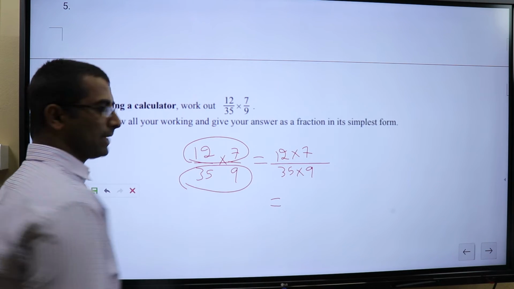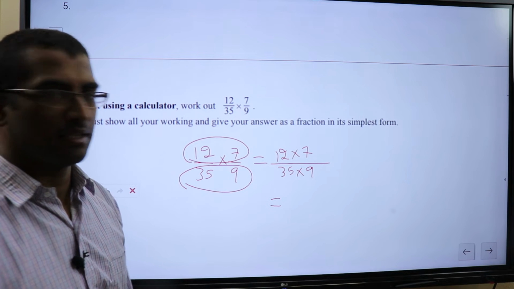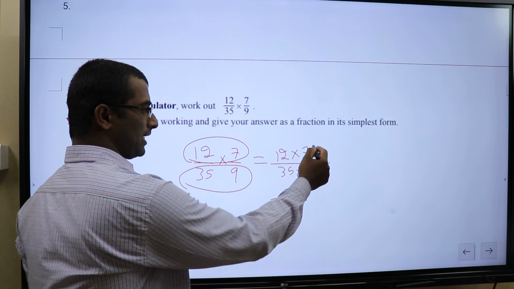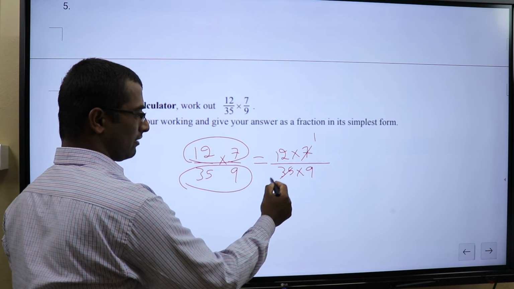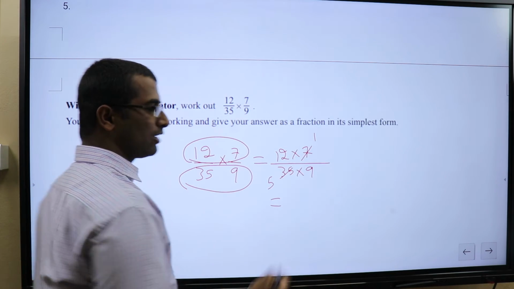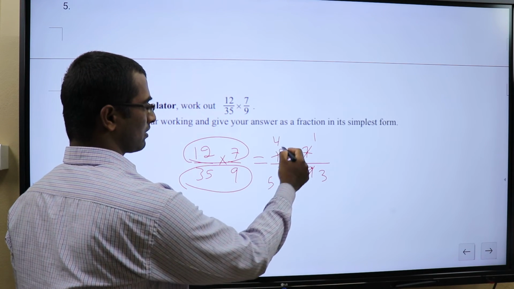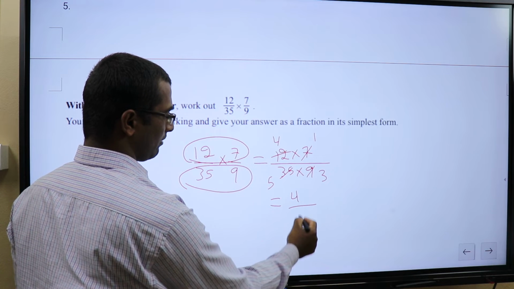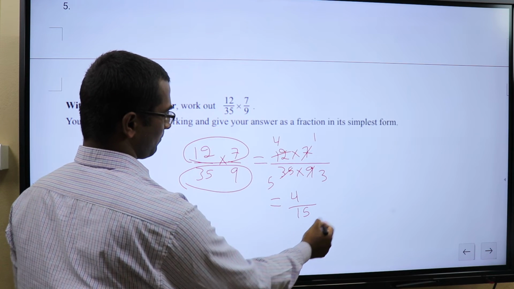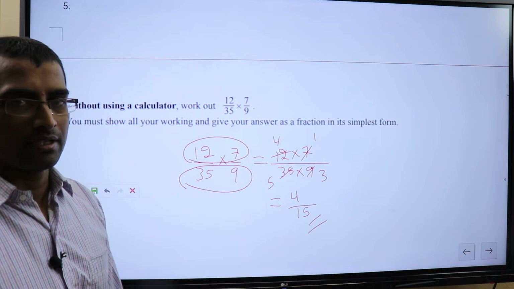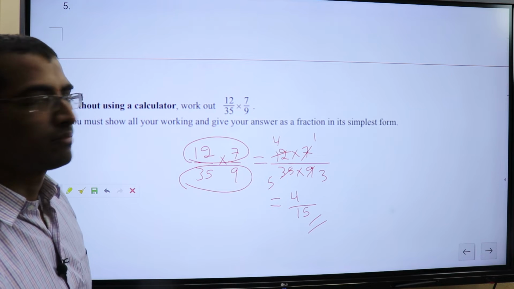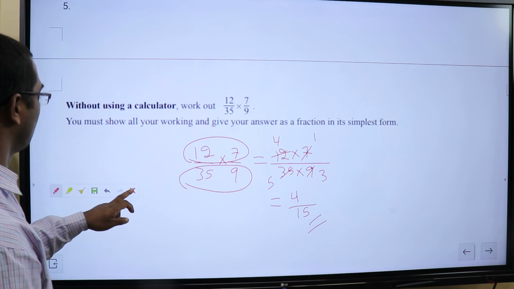Instead of directly multiplying, check does anything get cancelled. I can cancel 7 and 35, 7 ones, 7 fives, and these two will go in the 3 table. So 3 threes, 3 fours, 4 × 1, 4; 5 × 3 is 15. So this is the answer. Okay. Now the next one.